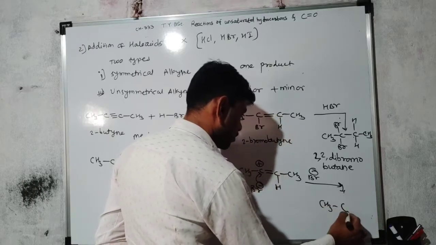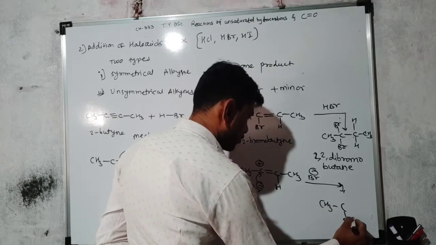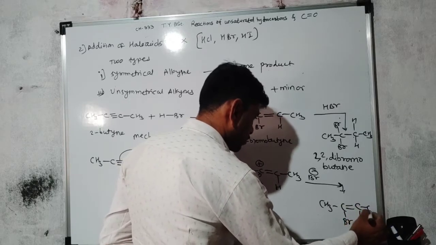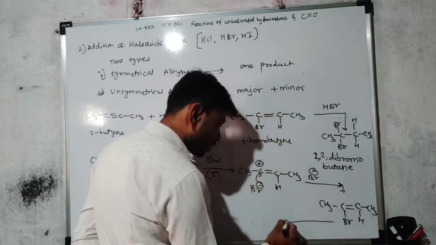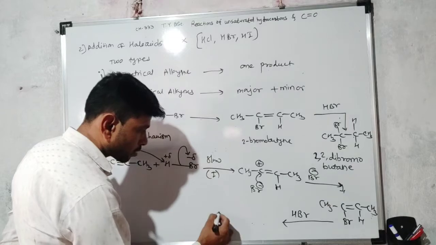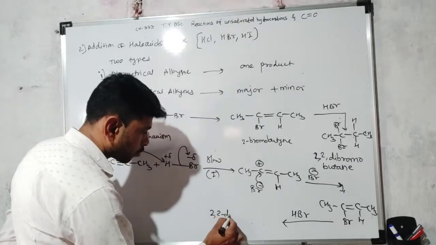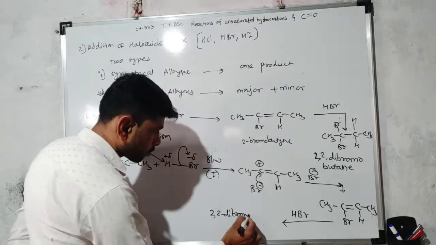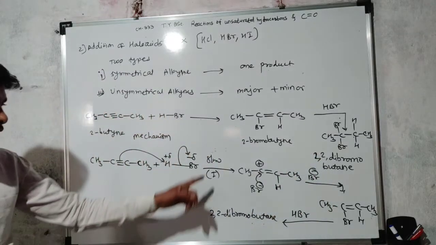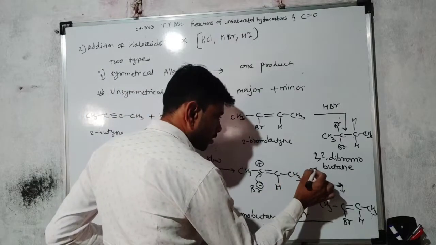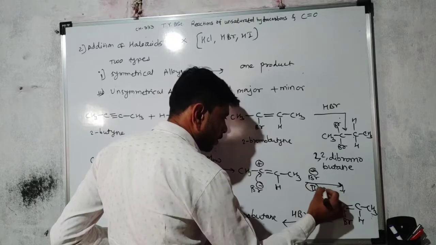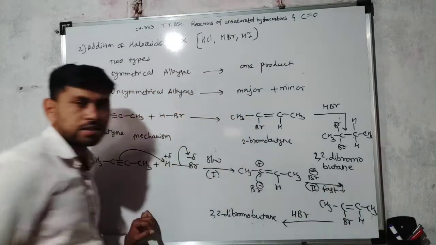So CH3 C and here Br double bond H CH3, we get the product, and in a similar way another mole of HBr gets added and we get the product 2,2-dibromobutane. The attack of this Br minus is the second step, which is a fast step.